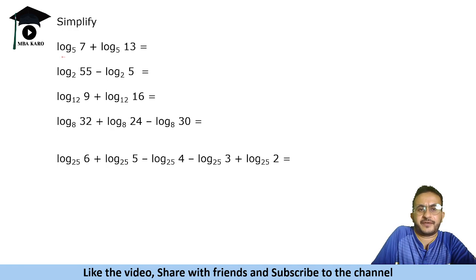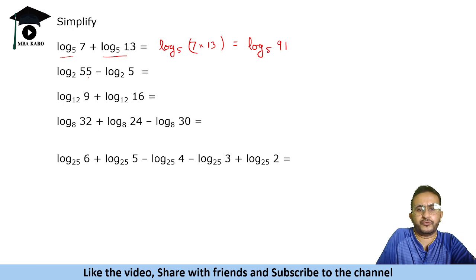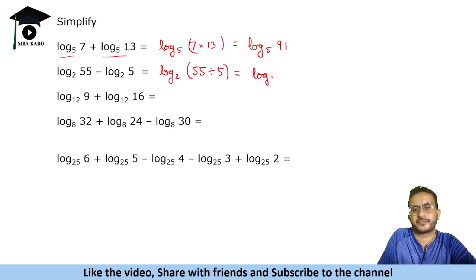Suppose we have this expression log 5 7 plus log 5 13. When we have to add, the base is same, so we can multiply. That will be log 5 91. Now this is log 2 55 minus log 2 5. So we can say log 2 55 divided by 5, which is log 2 11.